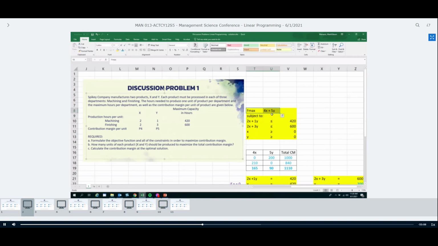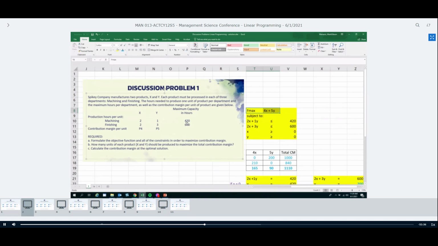No? Now, after that, we'll also need to formulate constraints naman. So, in this case, ano ba yung mga constraints natin? So, number 1, in the machining department, meron lang tayong available 420 hours. That's maximum na, no? So, let's express that in algebraic equation.